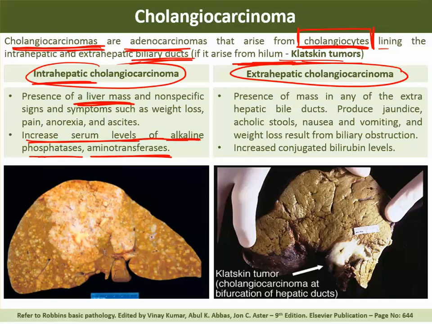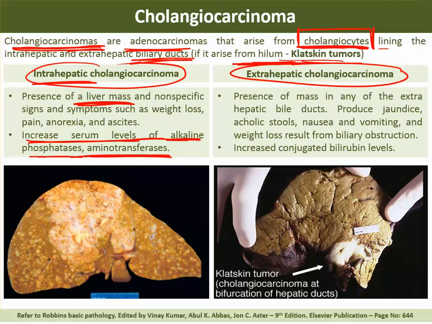All will be elevated. And if the bilirubin is elevated, most probably it will be unconjugated, because it will damage the liver cells. That's why AST and ALT are elevated, along with alkaline phosphatase.